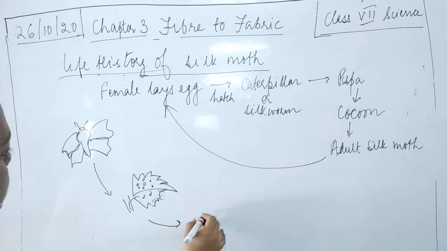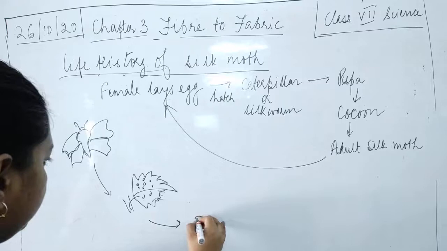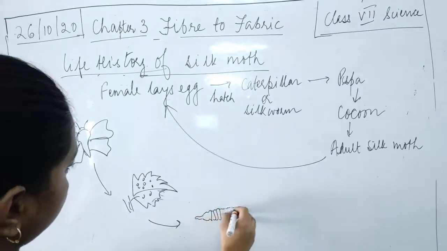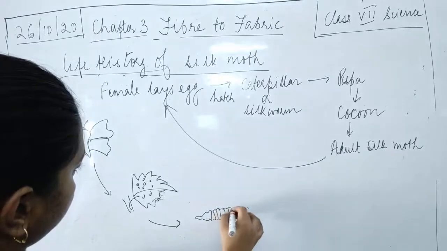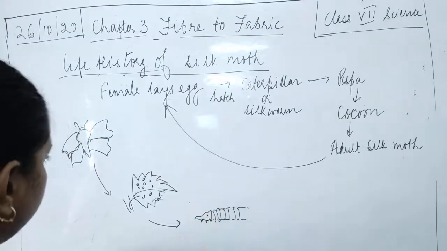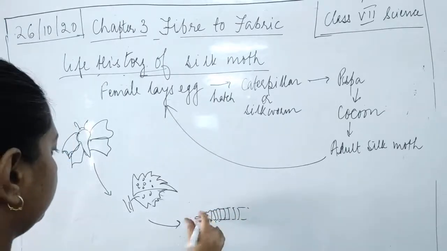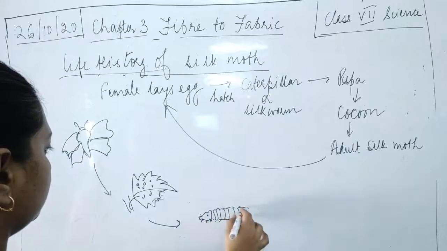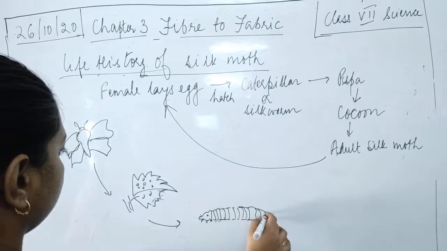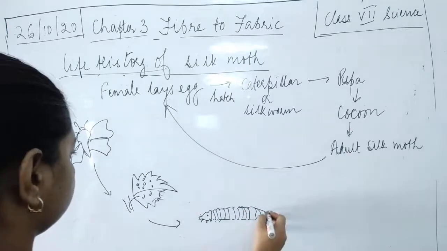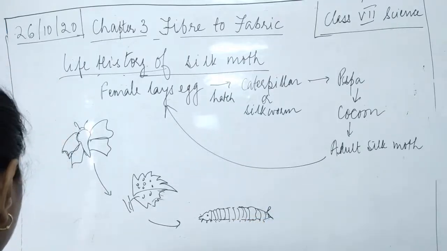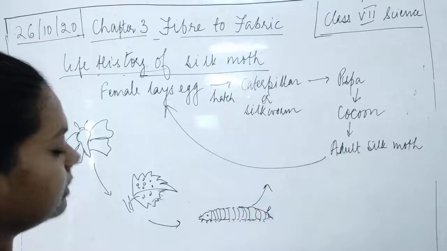Then they hatch into the caterpillar, which voraciously eats the mulberry leaf.